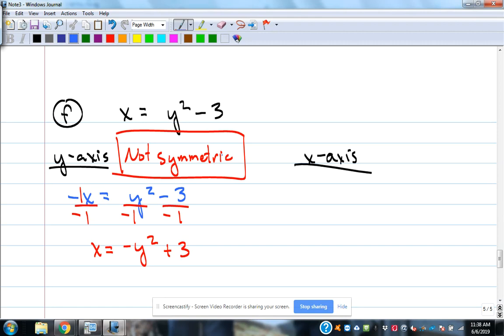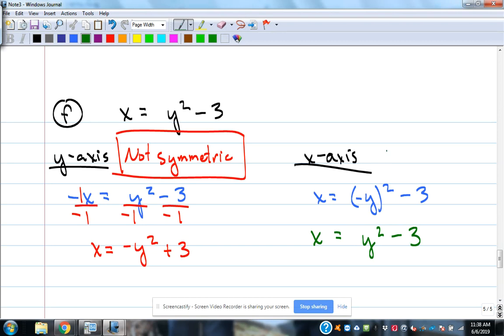We've got to plug in a negative y, so we're going to replace the y in this case with negative y, and see if we get the original. Well, when I square negative y, that's negative y times negative y, just positive y squared. Is that the original?